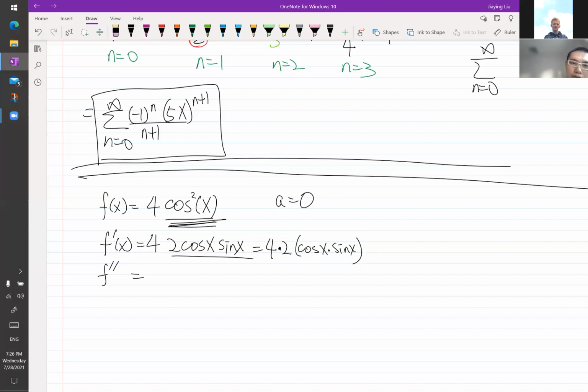Instead of writing it 4 times 2, I think this will save you a lot of trouble: the 2 cosine x sine x, if you write it as sine 2x using the trig identity, that will save you a lot of trouble later. So that would be 4 times sine 2x.